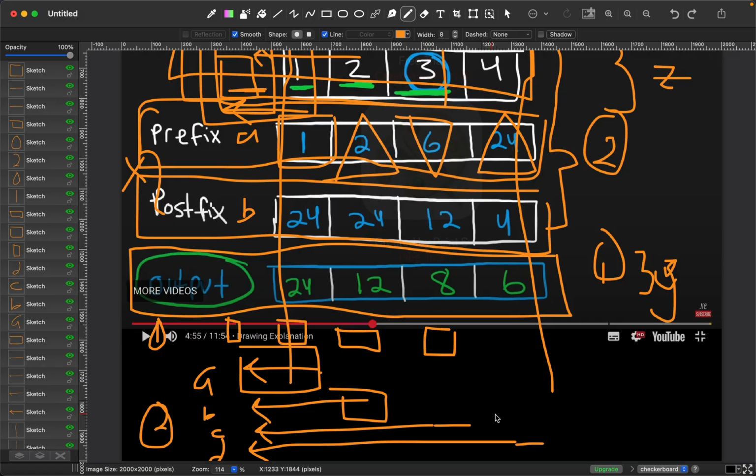Let's go for D as well. So originally you calculate every single element, which is stage 1, how we actually calculate. 4 times 3, 12. 12 times 2, 24. And there you have the answer, 24.